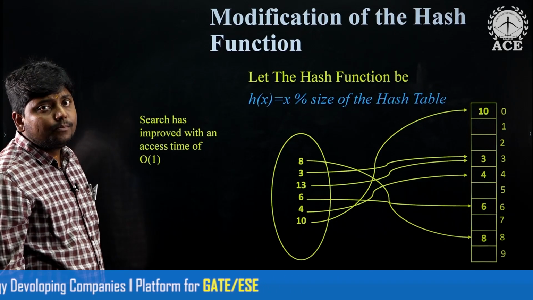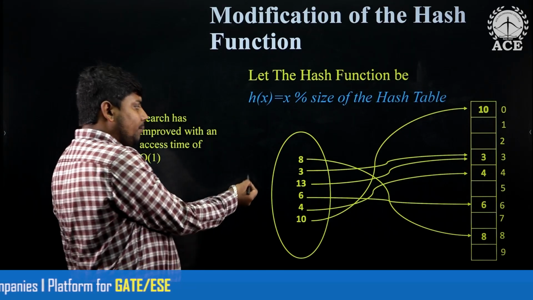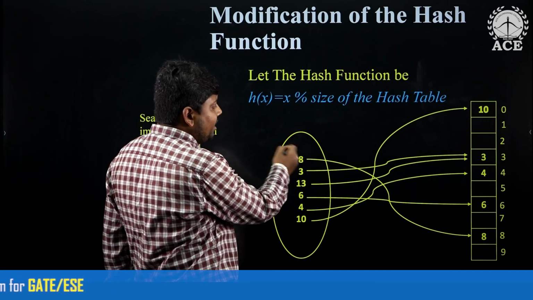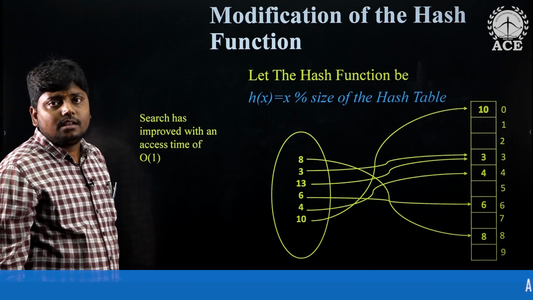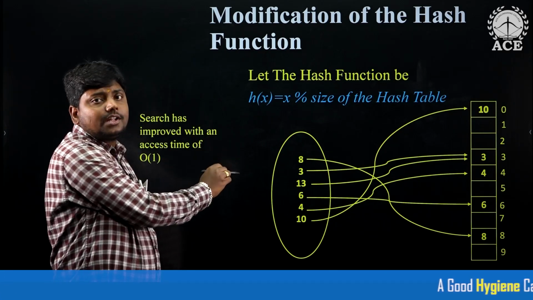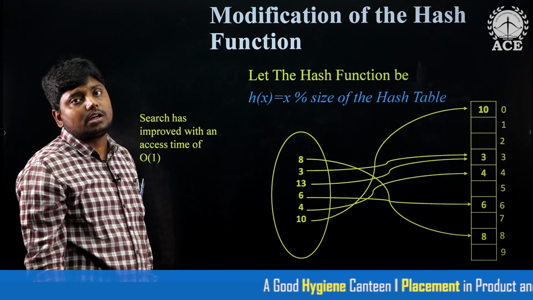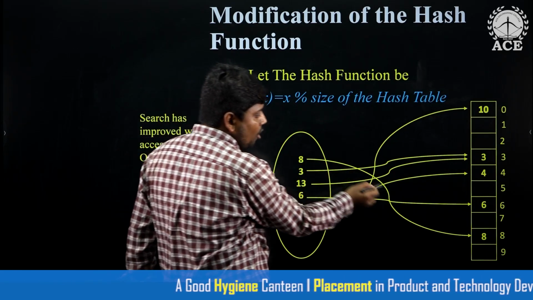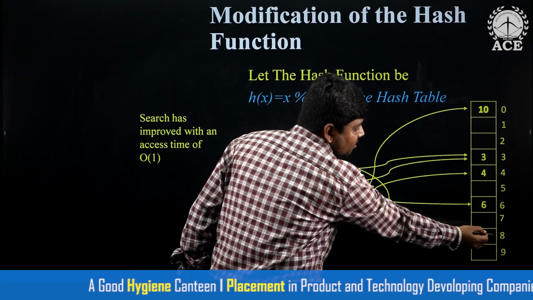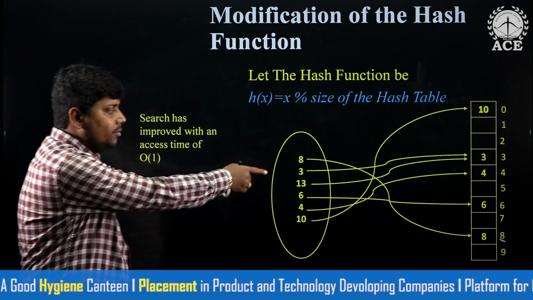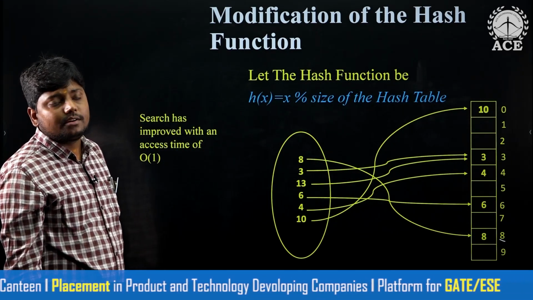How has the search time improved? Let's see. Suppose we want to search for the element 8. Then we will directly search 8 at index value 8 mod 10. So 8 mod 10 goes to index value 8. 8 will be searched at index value 8.